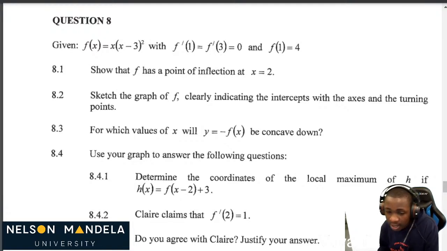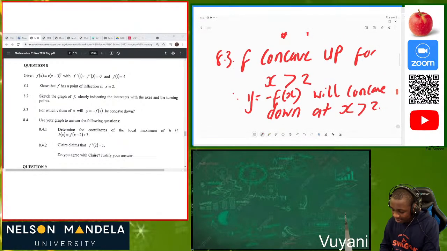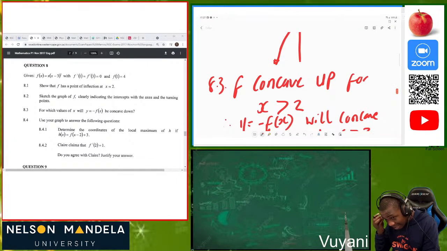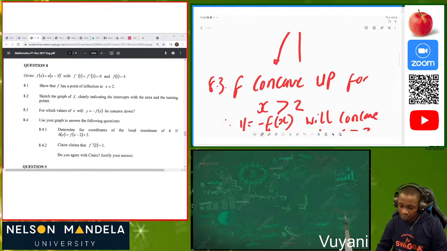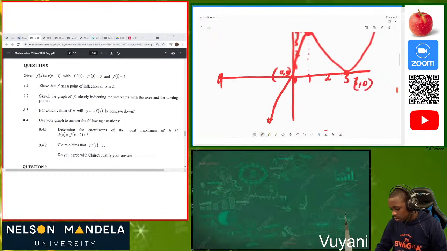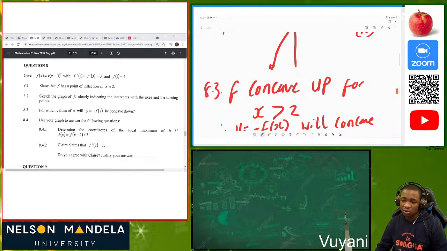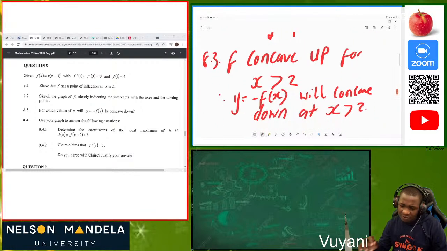Let me explain this with simple English, guys. The original function before the reflection concaves up when x is greater than 2. This is the original function without any reflection.